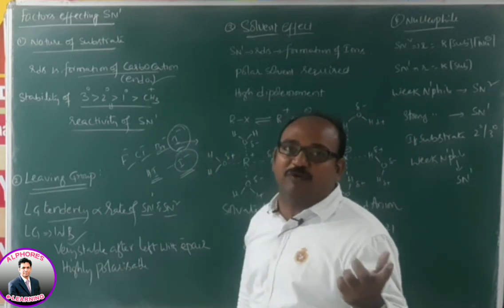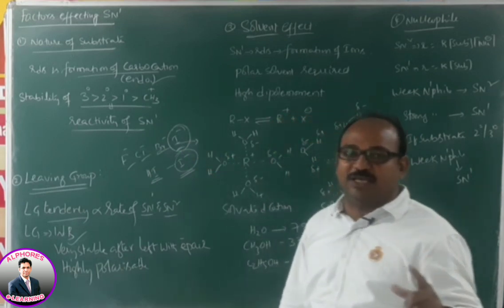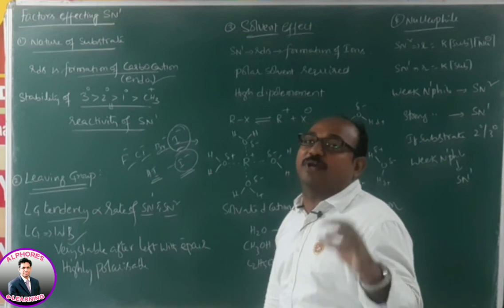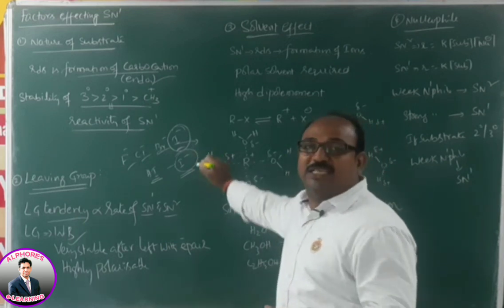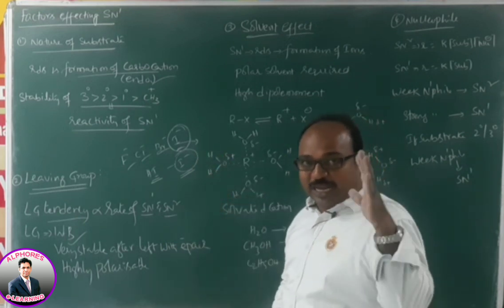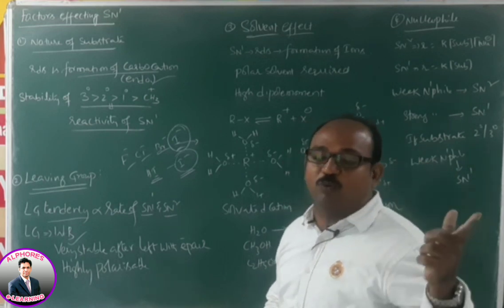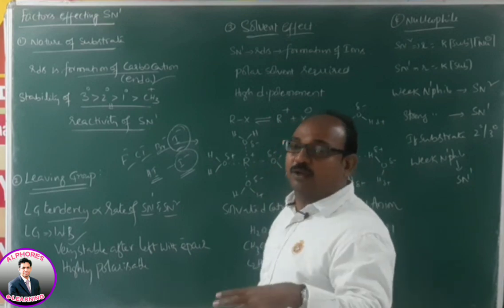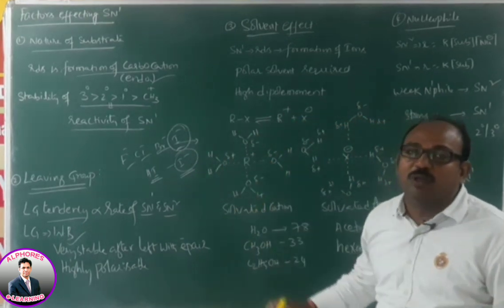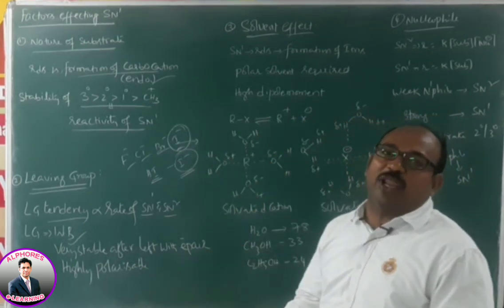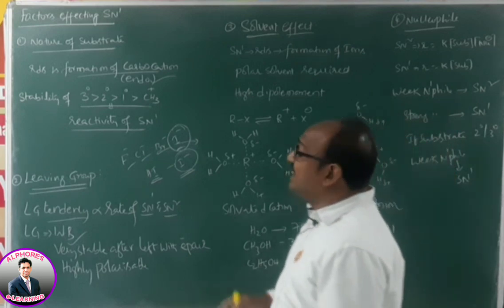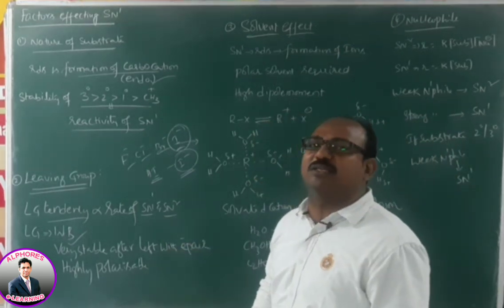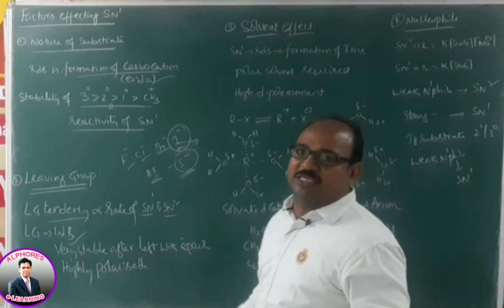Polarizability and polarizing power we already discussed in previous sessions: polarizing power is for the cation, and polarizability is the quality of the anion. So how do we know which one is more polarizable? The one with less charge density is more polarizable.